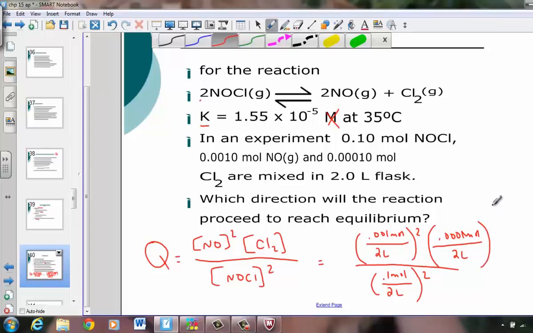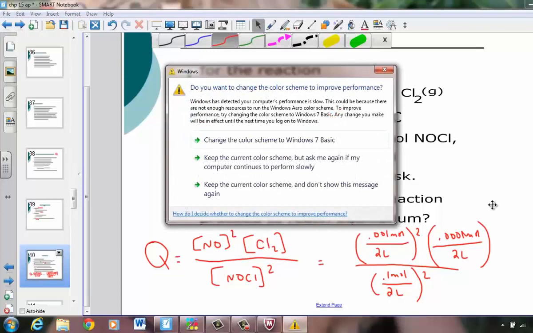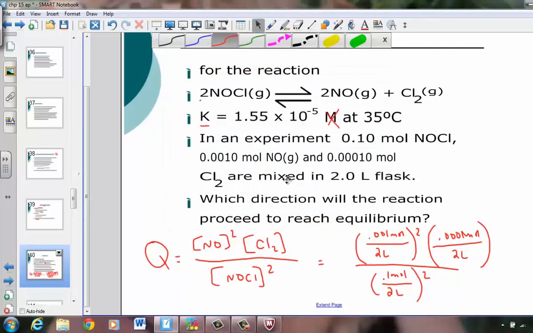I'm going to take my calculator and hit that. I'm asking you to do the same so that we know we got a common answer. Parenthesis 0.001 divided by 2, close parenthesis, squared, times parenthesis 0.0001 divided by 2, close parenthesis, divided by new parenthesis 0.1 divided by 2, close parenthesis, squared.